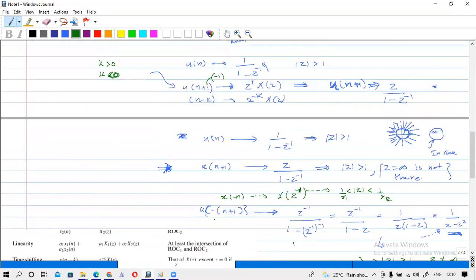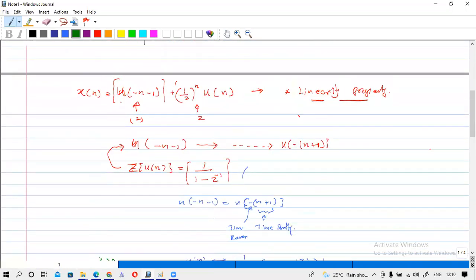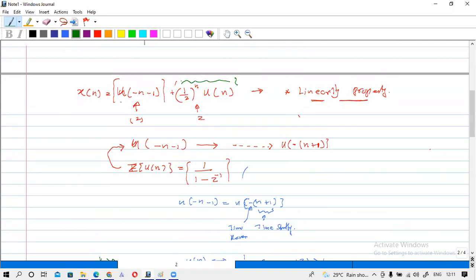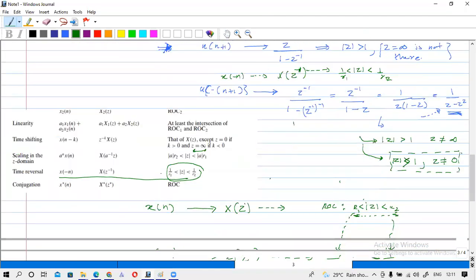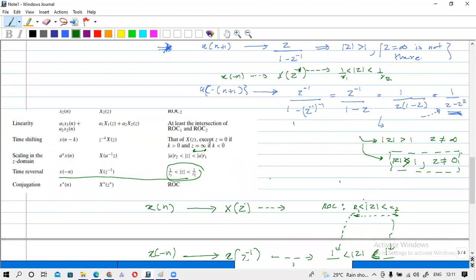Now we move to the next one. We have another function, this one. I think this one also you can get. What is the property you can use to get this one?